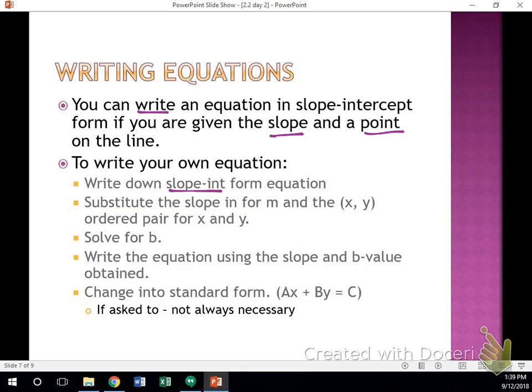So write down y equals mx plus b. Substitute the slope in for m and the xy ordered pair for x and y. Then, step 3, solve for b.